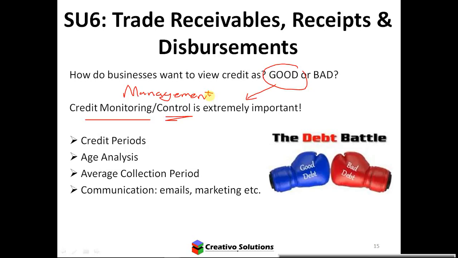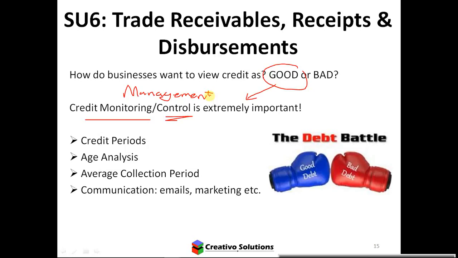And the best way of doing that is by having a view on the credit periods, doing an age analysis. So what is an age analysis, you might be asking? An age analysis would be a breakdown of all your customers' outstanding debt, so what they're owing you as the business. You'd have a 30-day, 60-day, 90-day age analysis, and you would then follow up with customers that are problematic in terms of not paying on time.